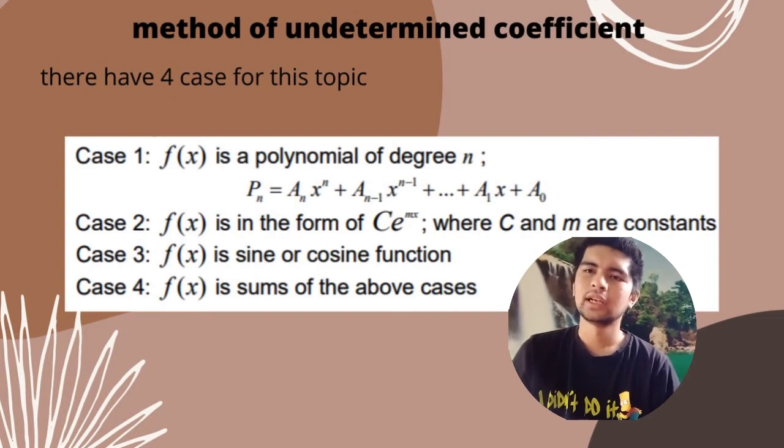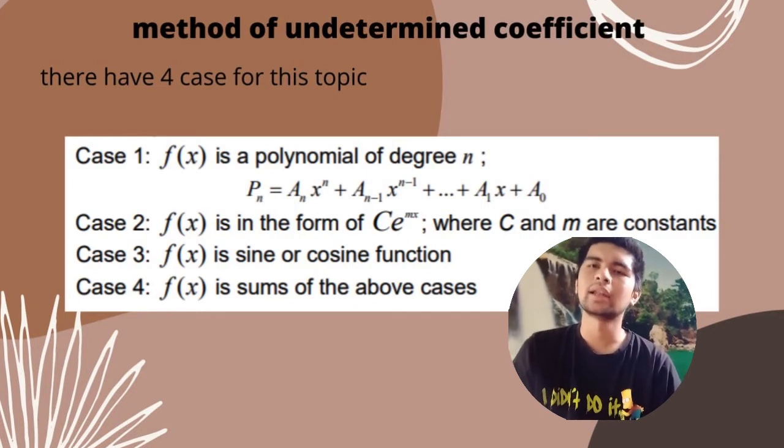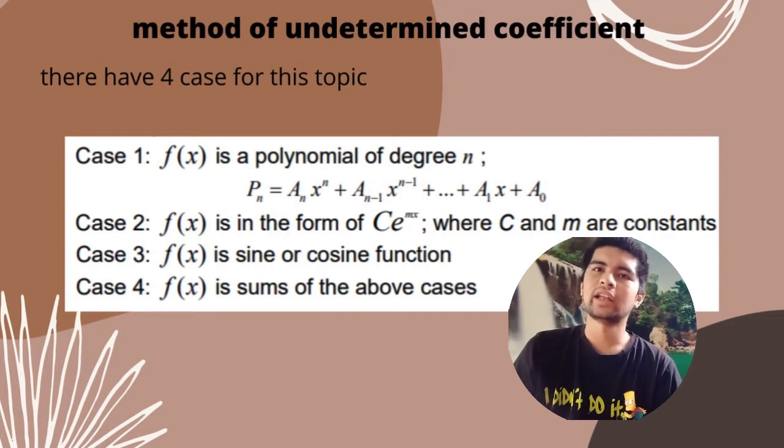The first case is a polynomial of degree n, and the second case is f(x) in the form of Ce^(mx), where C and m are constants, and the third case is a sine or cosine function, and the last case is a sum of the above cases.